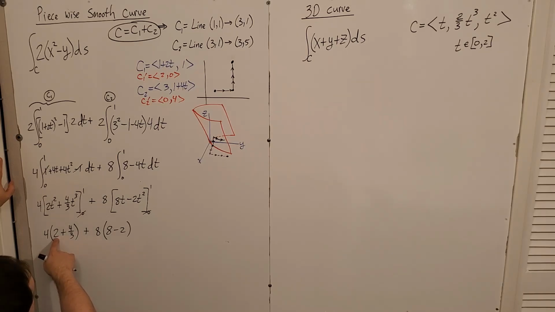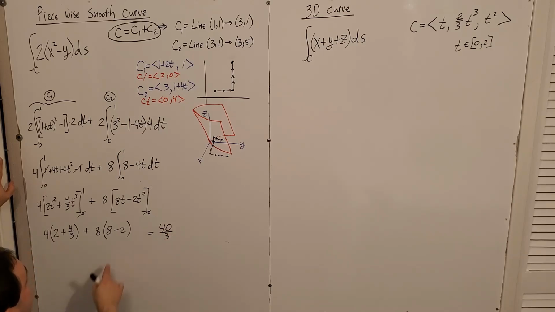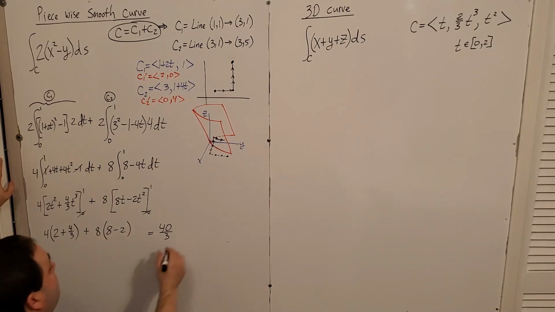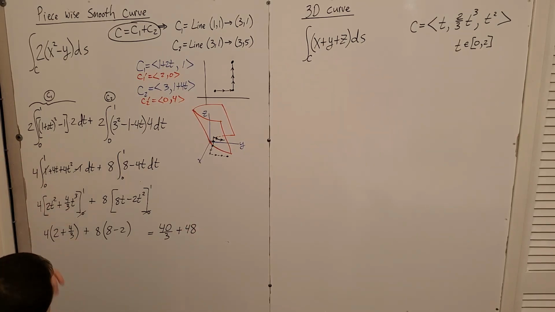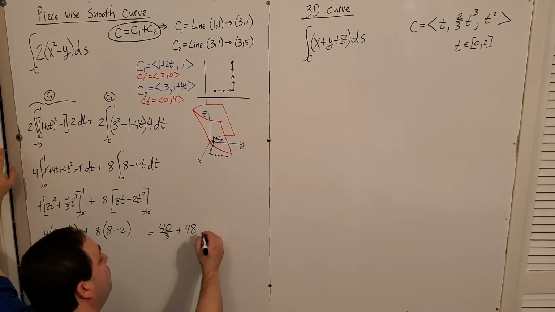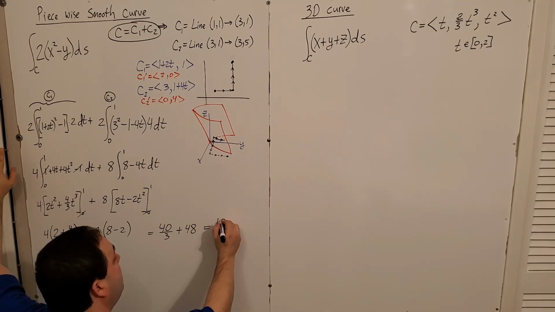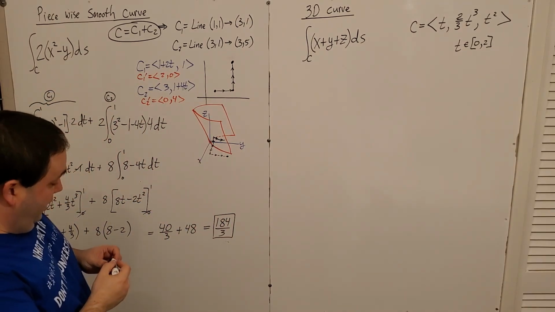So let's see, 2 is 6 thirds plus 4 thirds is 10 thirds times 4. I have 40 thirds. And then 8 minus 2, 6 times 8, I have plus 48. All right. So let's see, 48 times 3 is 144 plus 40, 184 over 3.